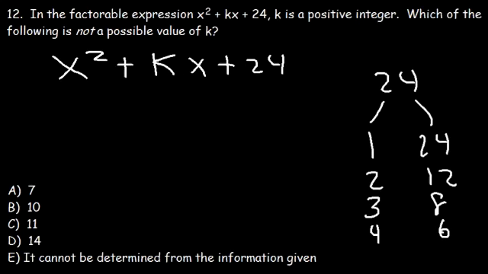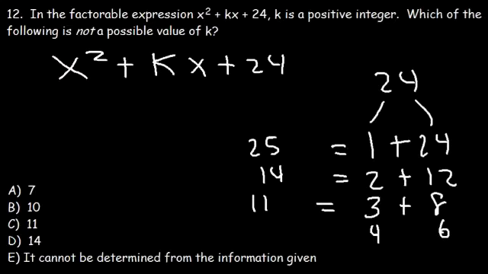Each of these pairs of numbers multiply to 24. 2 times 12 is 24, 3 times 8 is 24, 4 times 6 is 24. So now what we're going to do is add each of these numbers. Because k is the sum, 24 is the product, but k is the sum. 1 plus 24 is 25. 12 plus 2 is 14. 3 plus 8 is 11. And 4 plus 6 is 10.